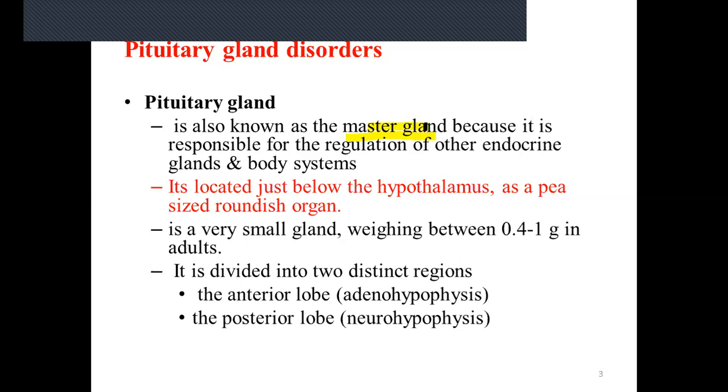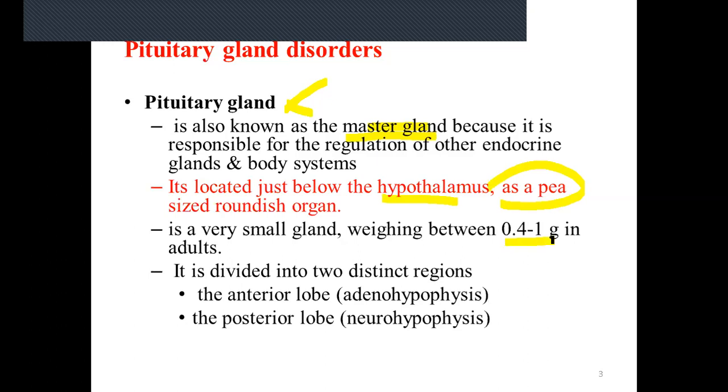So we can say the pituitary gland is like a supreme court. It is giving instructions, giving a lot of orders to the other glands, mainly of the endocrine system. Anatomically, it is located below the hypothalamus, and you can see it is a pea-size roundish organ, which is very small.